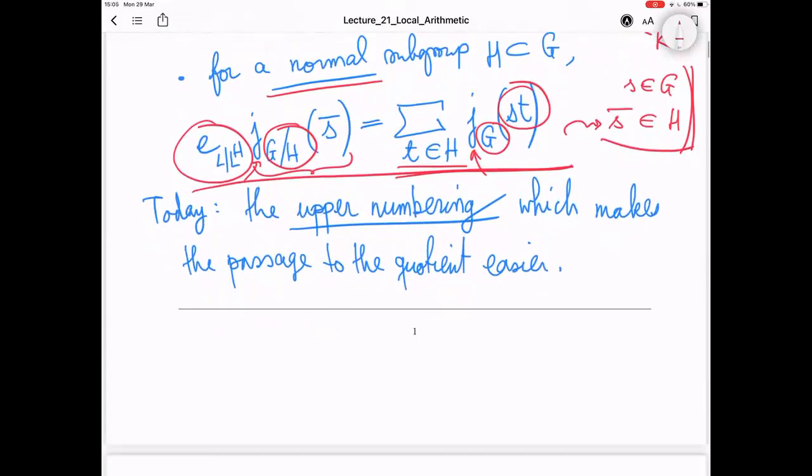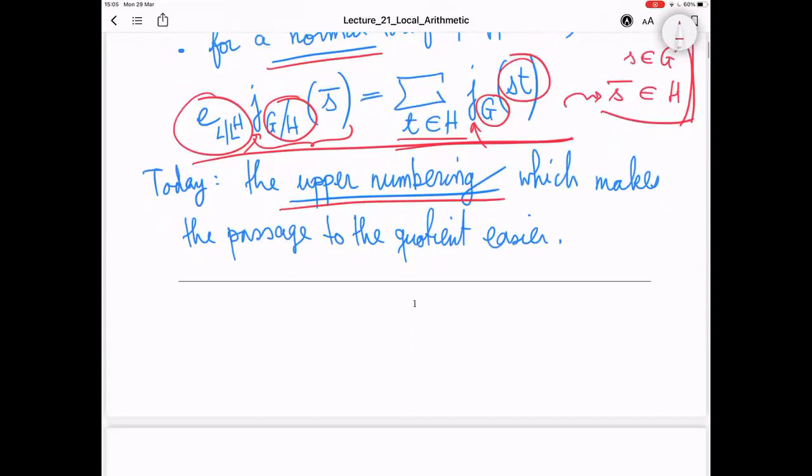So today, what we are going to do is to introduce the upper numbering of the ramification filtration. Essentially it's the same filtration, but the numbering is different. The indexing is changed, and it is changed in such a way that for the passage to the quotient, the formula is simpler.